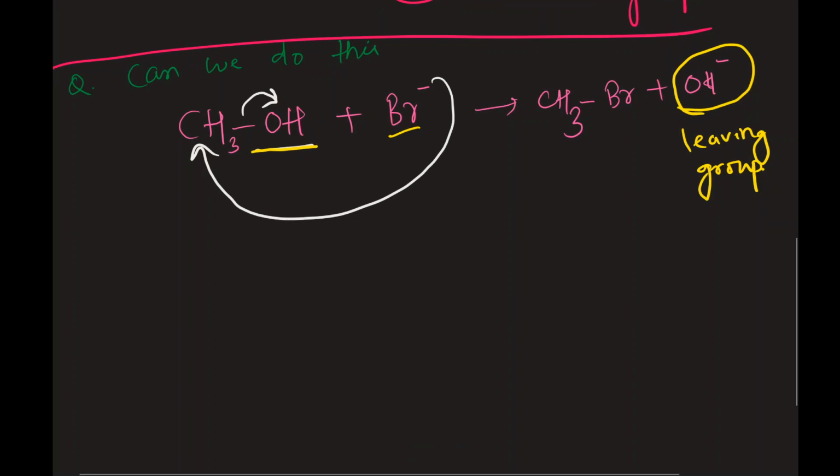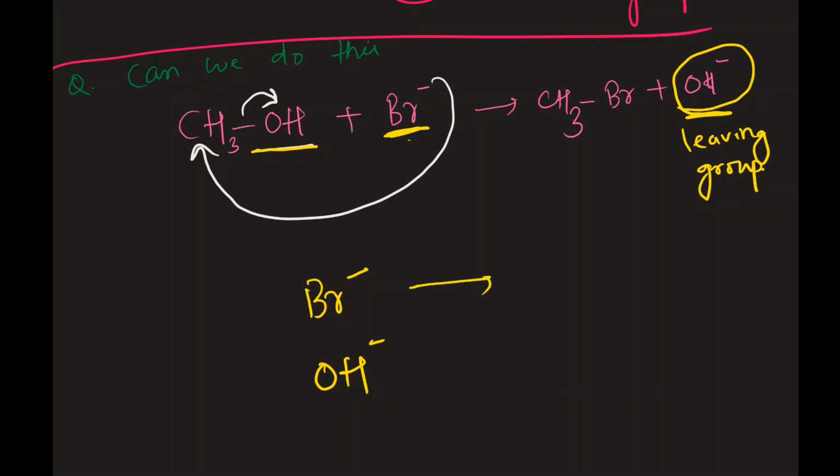Here is how we should do it. We are comparing Br minus and OH minus. The stronger always wins and the weaker gets kicked out. So what is the conjugate acid of Br minus?